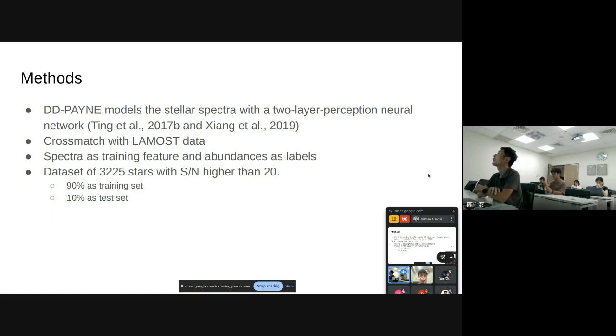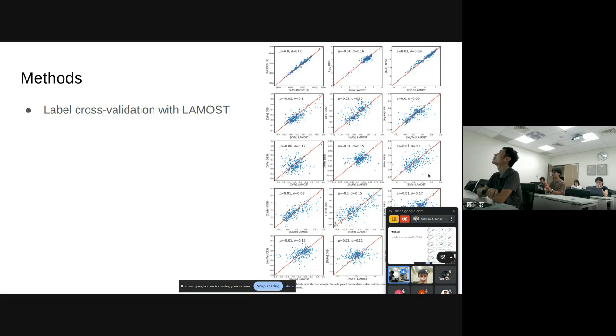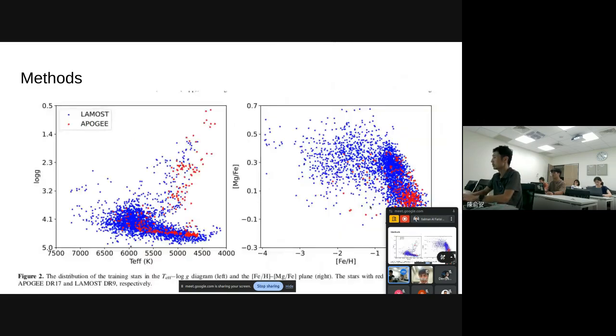Oh, I think they have plots here. They compare with DESI, and for each element they plot the value, and I think it's the same distribution.